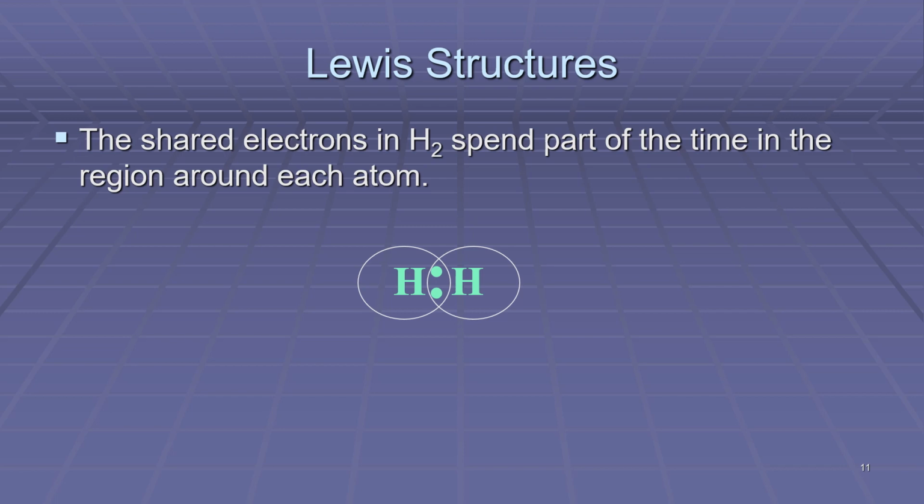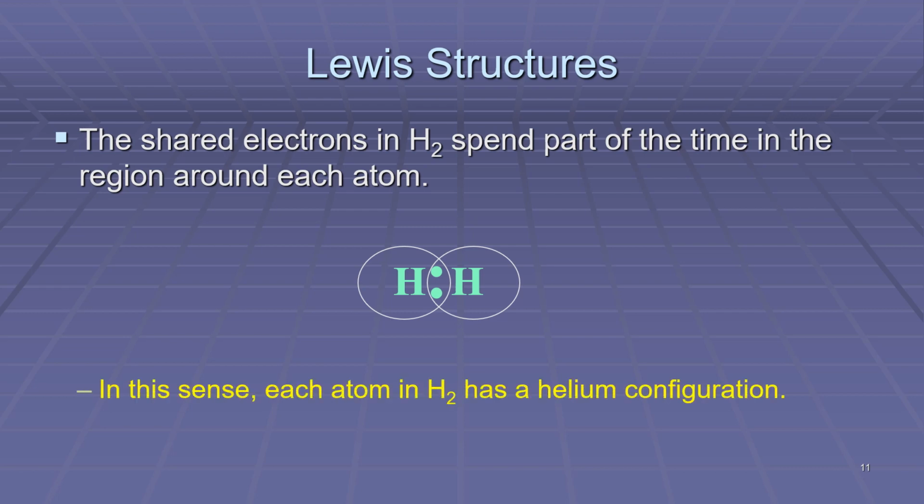This is a way that hydrogen has now filled its outer shell, which happens to be the first shell. Once it gets 2 electrons, it's happy, and so that bond satisfies that exception to the octet rule, where it has to have 2 electrons. So each hydrogen, in fact, has a helium configuration. It has 2 electrons.